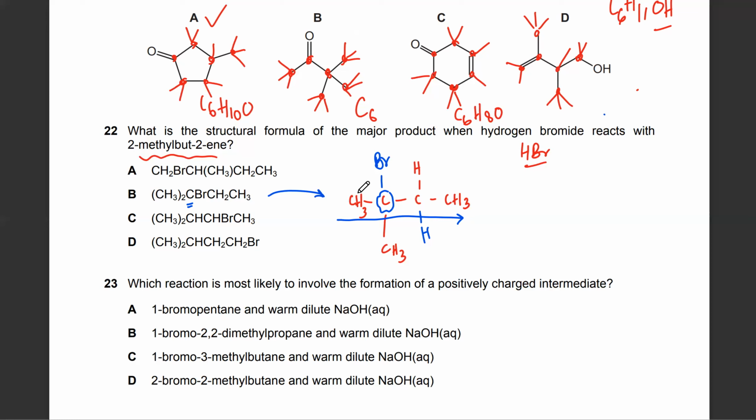The way you write it is, you follow the carbons in any order, from left to right or from right to left. The first carbon is CH3, so you write CH3. The next one is a carbon which has Br and a CH3 branch, so you put the branch in brackets. After that, this one is carbon with 2 H's. And then there's a carbon with 3 H's, right? Is that clear?